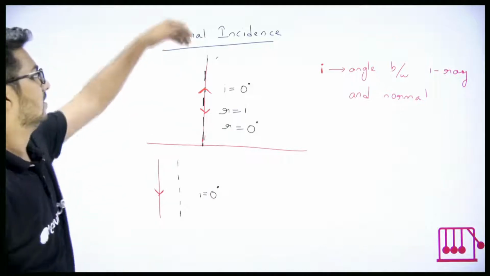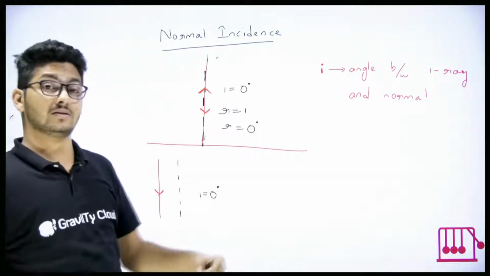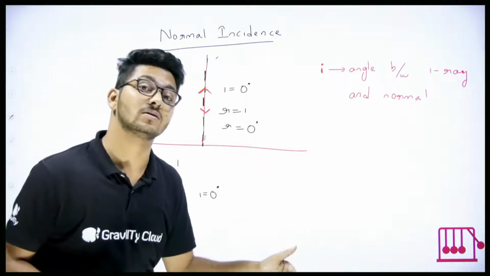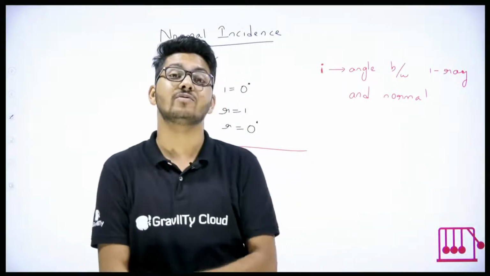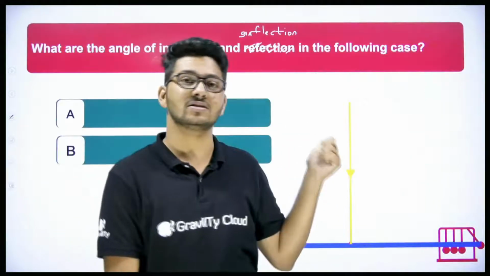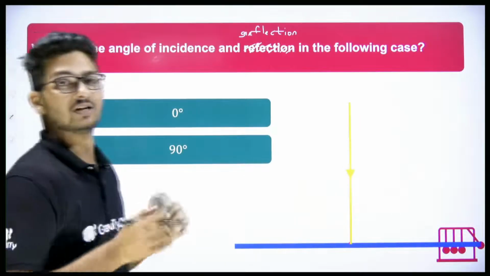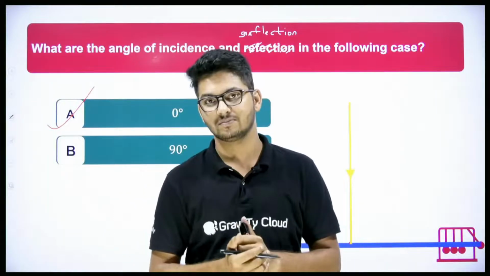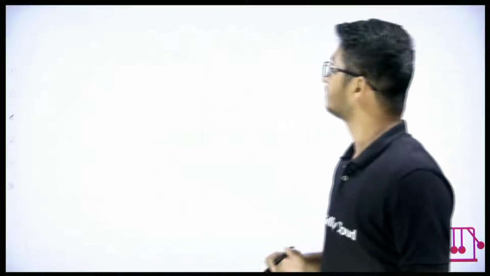It is incident and then it will reflect back along the same path. It will retrace the path. Clear? So which case is this? Normal incidence, and both the angle of incidence and the angle of reflection will be 0 degrees. Clear? Okay, wonderful. Let's continue.